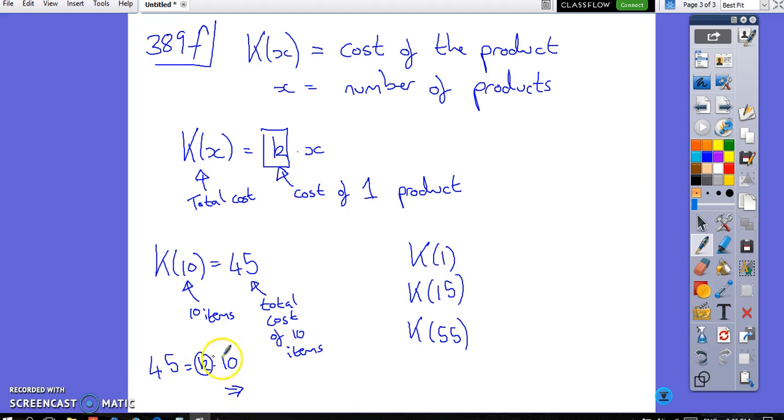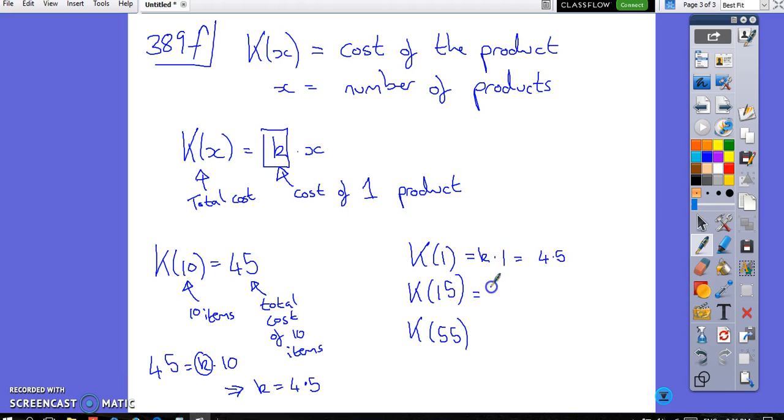So this means if 10 of them cost 45, then one of them, the price per item, costs 4.5. So this means that k of 1 is equal to k times x, which in this case is 1, which is 4.5 times 1, or 4.5. So the cost of one item is 4.5.